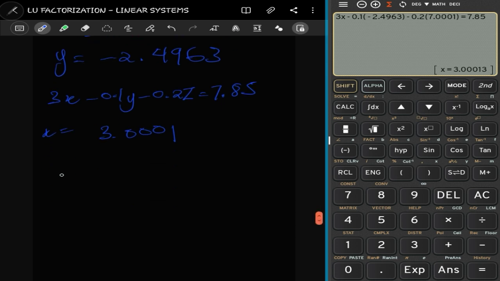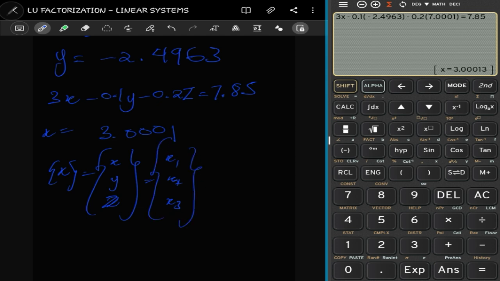These are the values that we have for the x, y, and z. So we made x to be equal to x, y, z. So this will be x1, x2, x3 per the system, right? This can be confusing. That's why I did the x, y, z. Personally, this works for me. So this gives us x1, that's 3.0001.